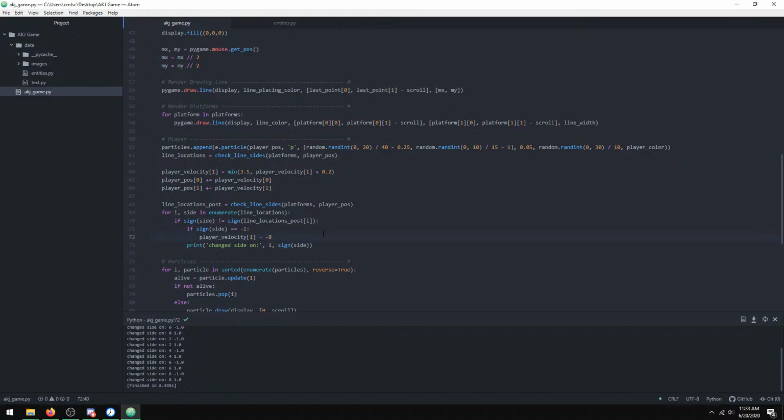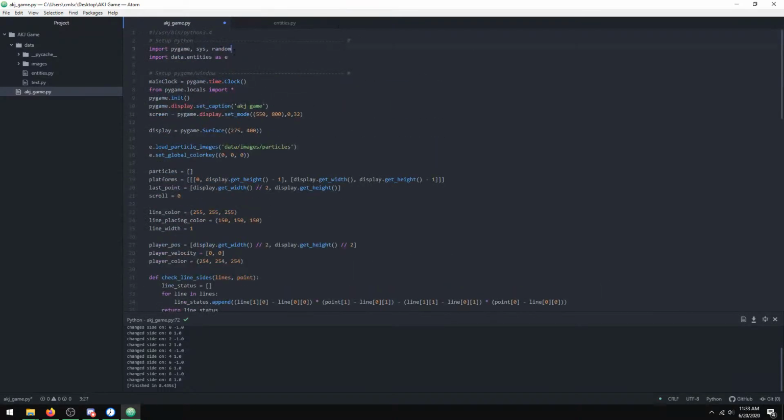So angle equals math.atan2. I'm going to import math.